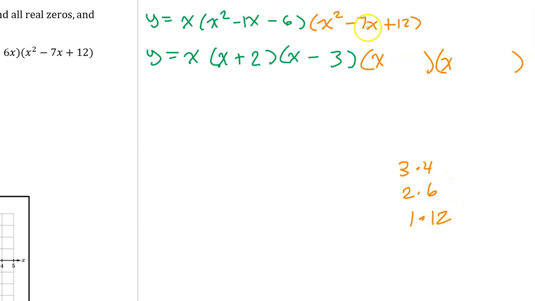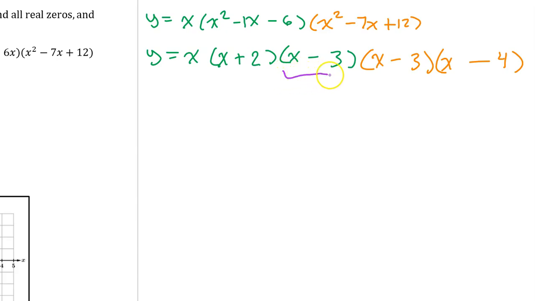Since the middle term is -7, the 3 times 4 is the one to use. Okay, inner I have 3x, outer I have 4x. I'm trying to make -7, so both of these need to be negative. Also, -3 times -4 does make +12, so we factored it.